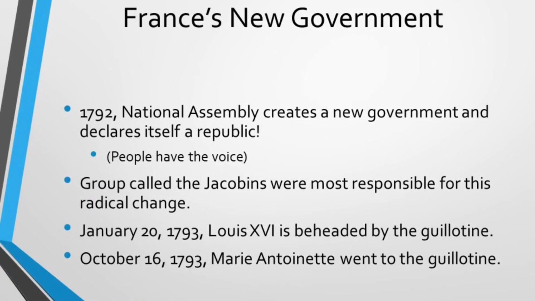Now, eventually we are going to get a new government in France in 1792. And this is really, when we think the French Revolution, this is where things are really going to be happening. We have this group that is sort of this extreme radical group called the Jacobins, and what they are going to do is really push for this stuff to happen really fast.